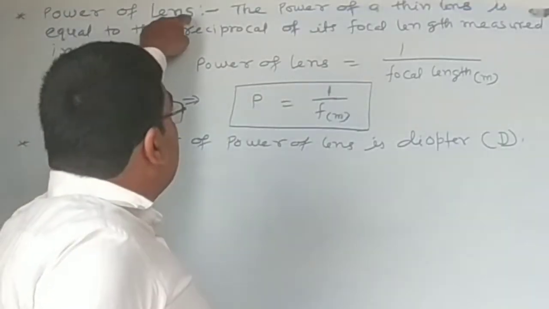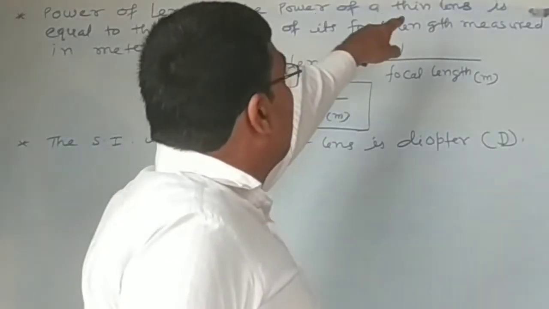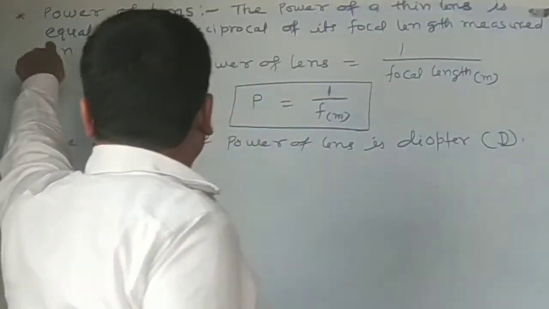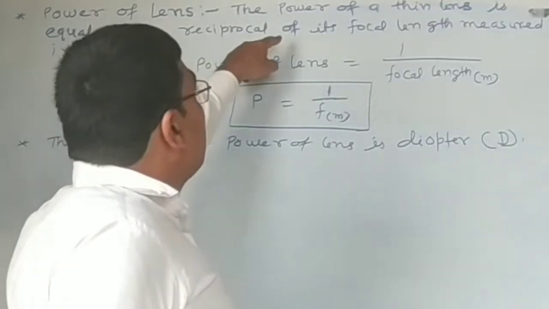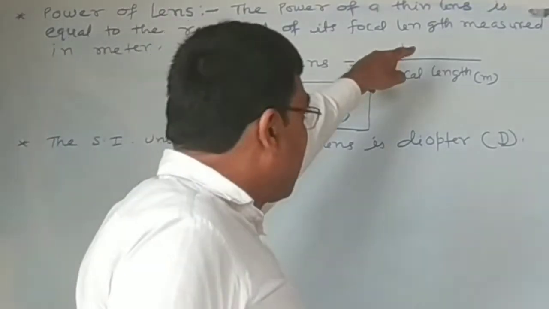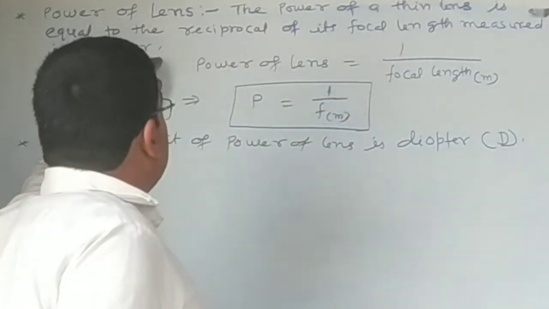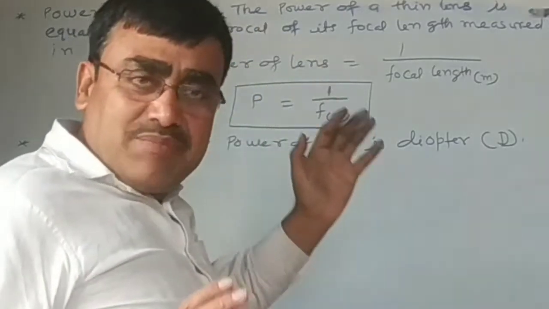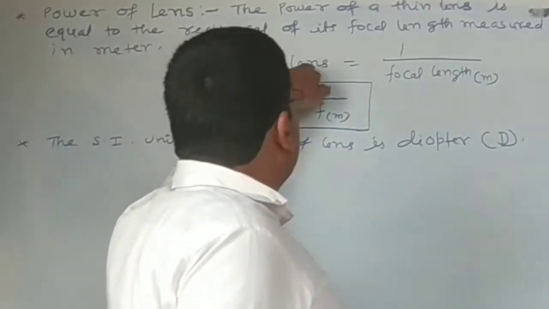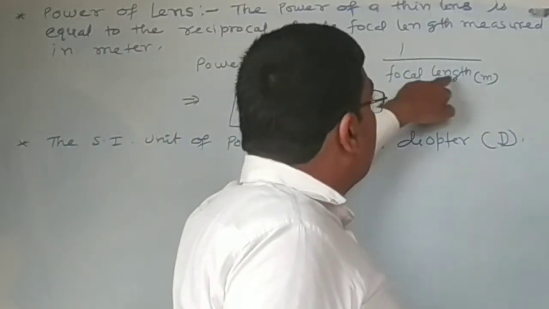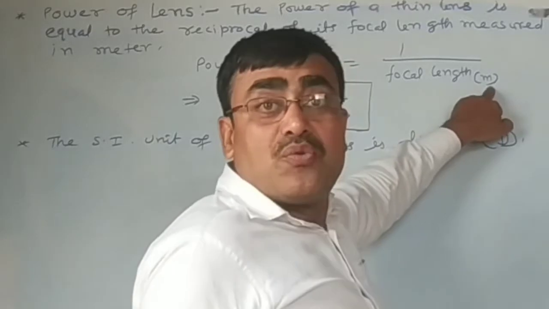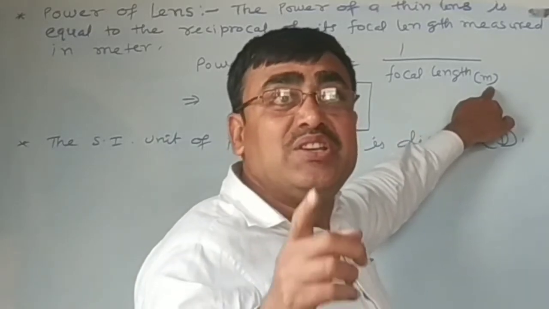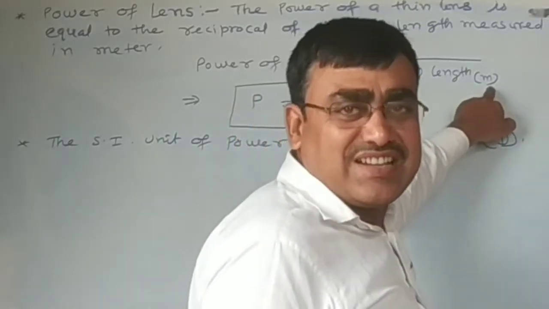Power of lens. The power of a thin lens is equal to the reciprocal of its focal length measured in meter. That implies power of lens is equal to 1 upon focal length, when focal length is measured in meter.